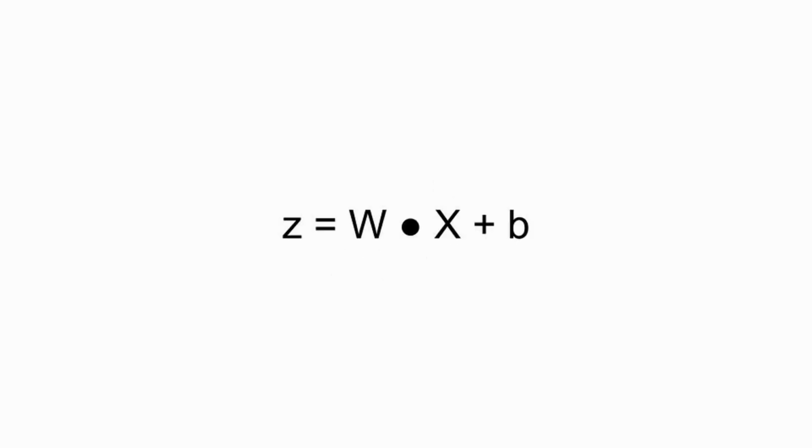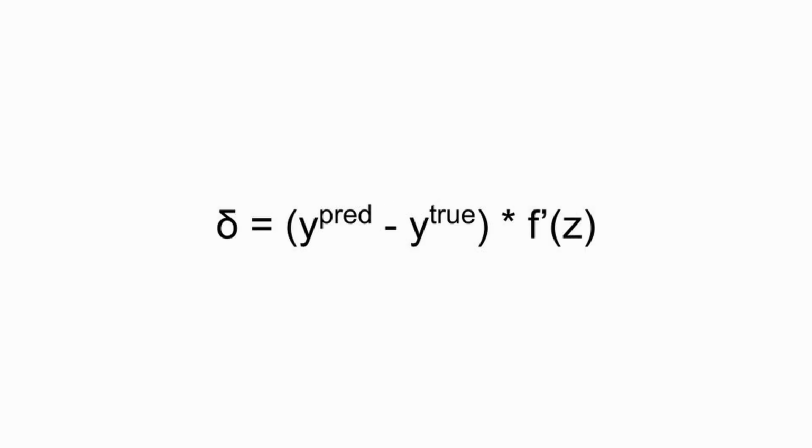As we know, a neuron calculates its output based on a certain value that we will call z. Recall that it's a sum of the products of inputs and their corresponding weights plus the bias term. To obtain the prediction value from a neuron, we simply pass z into the activation function. The key value we now introduce is the delta error.